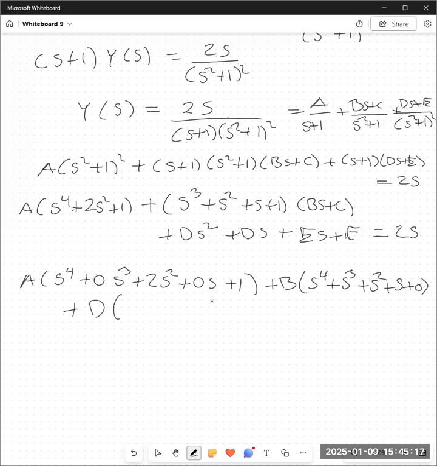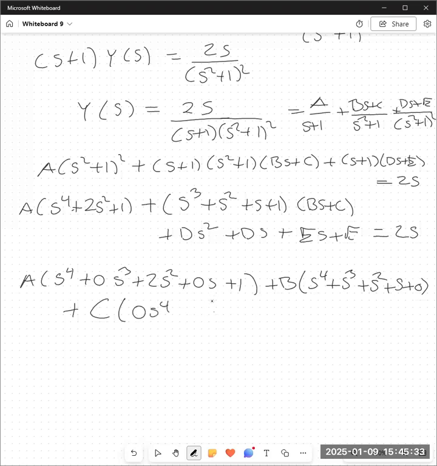times, sorry, I'm on to c times s to the third plus s squared plus s plus 1. There's 0s to the fourth there.